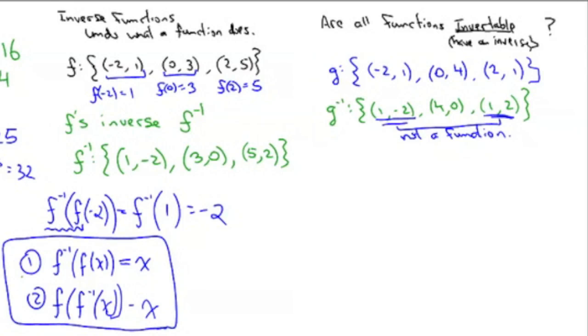All right, so how do I determine what kind of functions are invertible and what kind of functions aren't invertible? Graphically, simplistic, very simple. 2 pictures. One is an invertible function, the other one is not invertible.